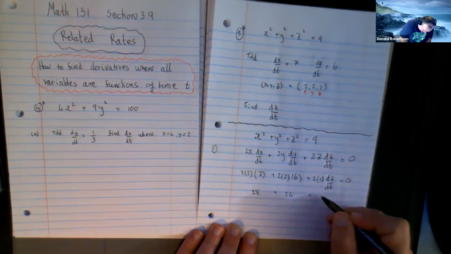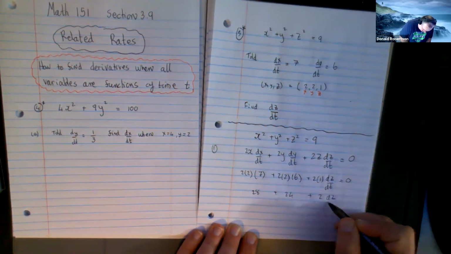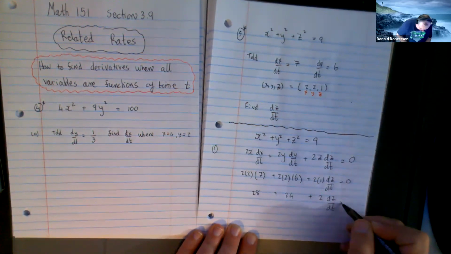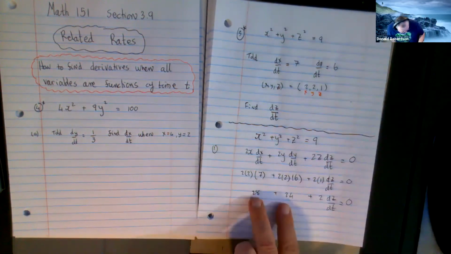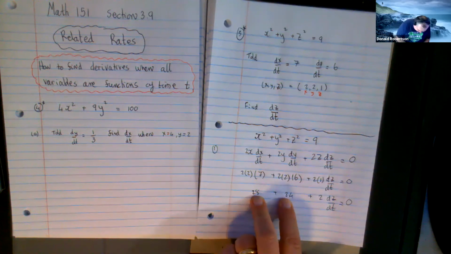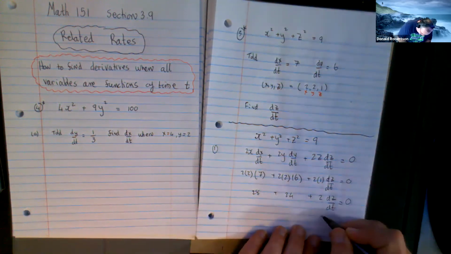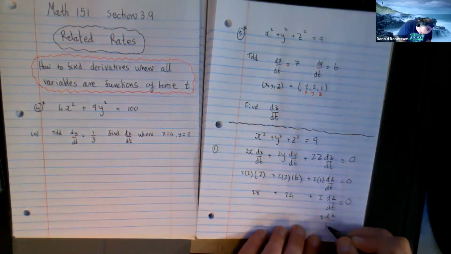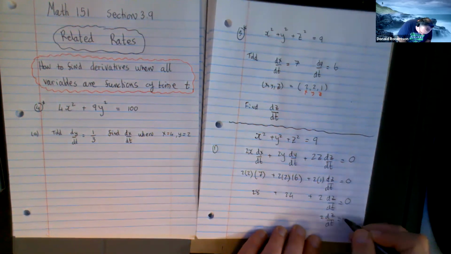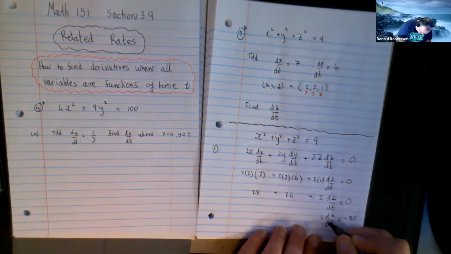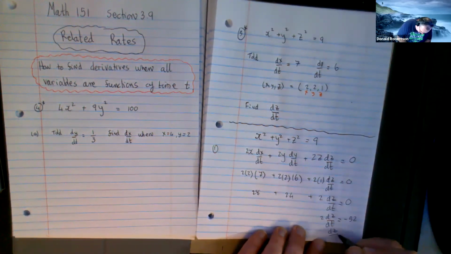And that's 2. Okay, since I'm running short of room, if you add them together, you get 52. And if you subtract it from both sides, you get negative 52. And so dz by dt is half of that.